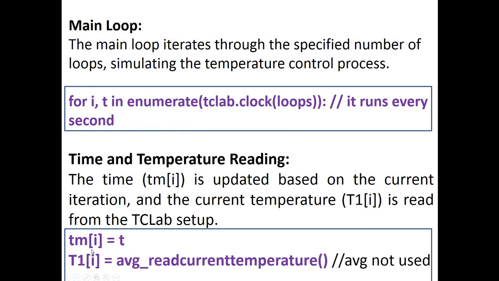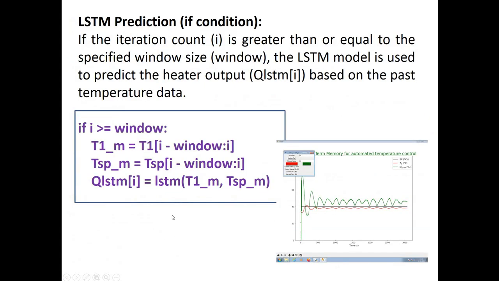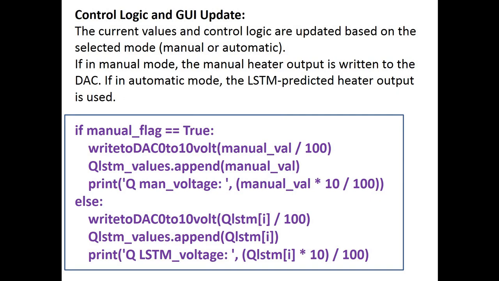It is going to take the temperature value, write into an array, and the TA value, etc. And then it calculates the QLSTM, the predicted output is coming into the so-called LSTMI. Now this is the predicted value. Now the control logic for all this is basically, you can see that the current values and control logic are updated based on the selected mode.